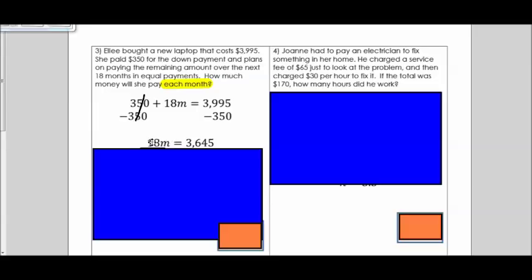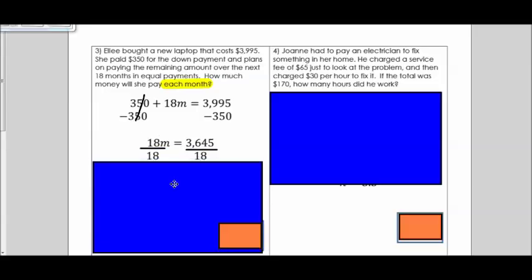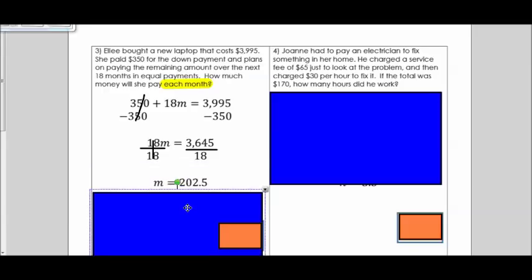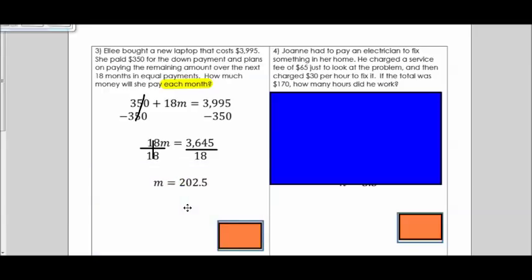Then these are being multiplied, 18 times M. So to get rid of it, we're going to have to divide by 18 on both sides, which cancels out those 18s. And then M is going to be equal to 202.5. But since we're talking about how much money she's going to pay, our final answer is $202.50.